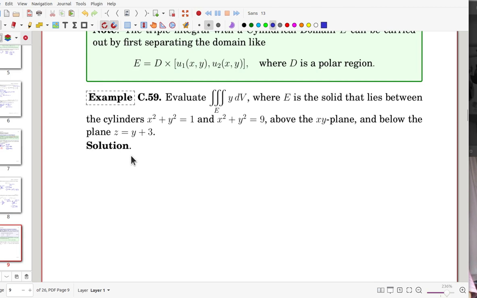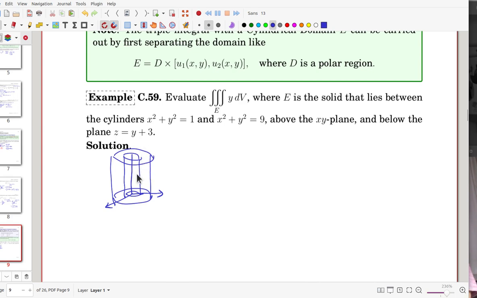Okay. If we try to visualize, then here we have 2 cylinders. One is the radius 1 cylinder, the other one is the radius 3 cylinder. So we have that cylinder and cylinder, and now they're on, okay, like that. And between these 2 cylinders, above the xy plane and below z equals y plus 3.